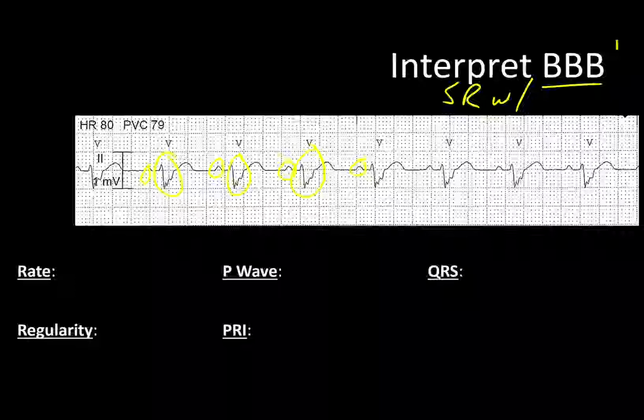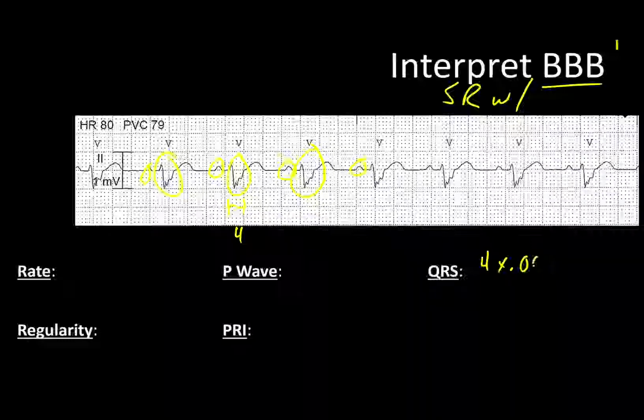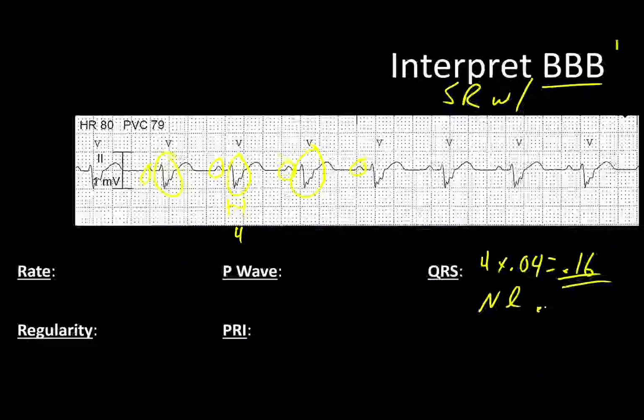In fact, if we did some measurements, this one in particular here measures from here to here, which is 4 small boxes. 4 times 0.04 equals 0.16, and normal is less than 0.12. So it has a wide QRS. That's what makes it a bundle branch block. That's all the more you need to know. It's not terribly dangerous, and we'll talk about that in the next slide.